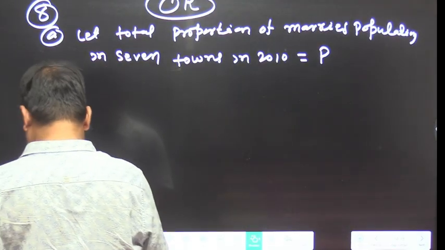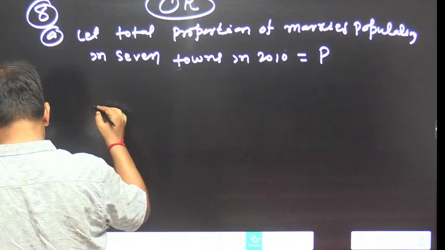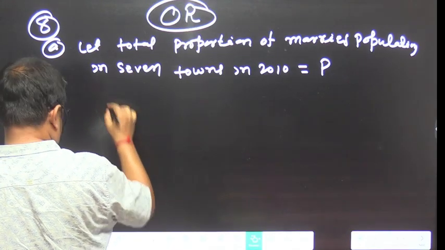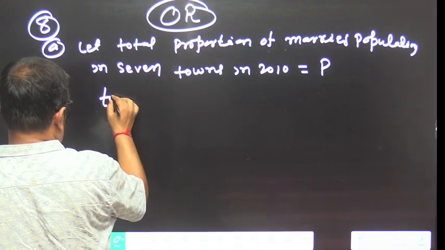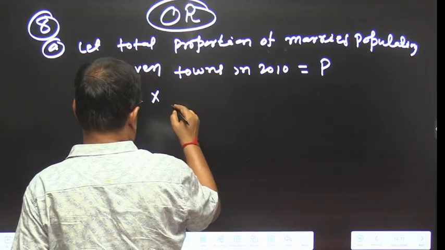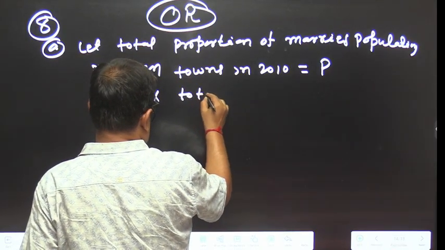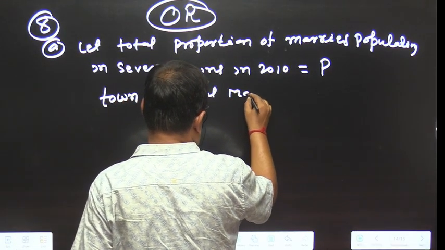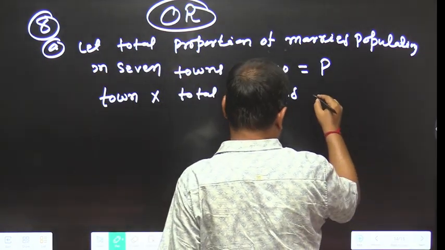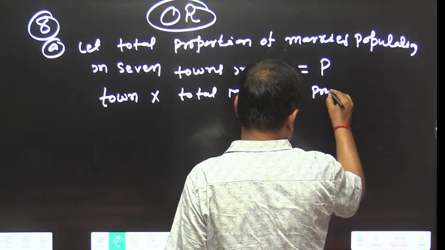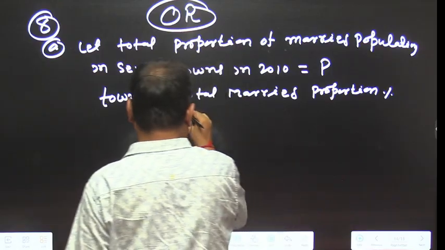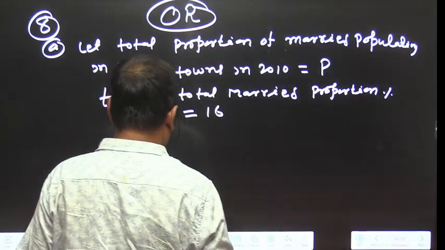According to the question, for town X, the total married proportion percent equals 16 from the pie chart.